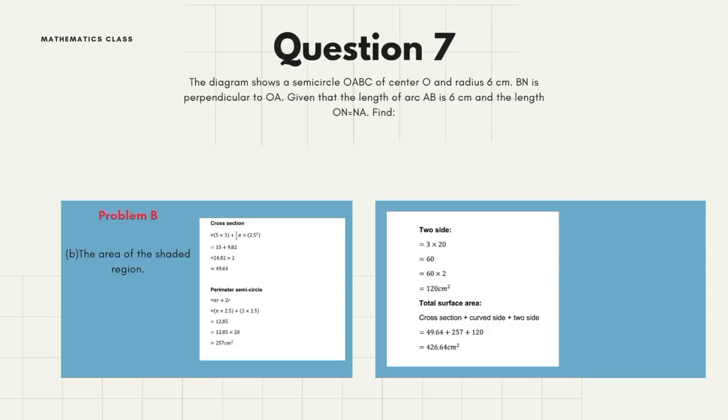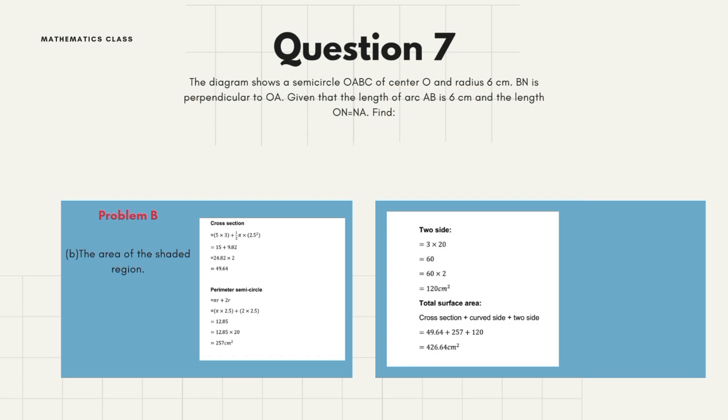Next, we need to find the area of the shaded region. First, we need the area of the cross section, and we got the answer of 49.64. Next, we need to find the perimeter of the semicircle using the formula. We got the answer of 257 cm squared.